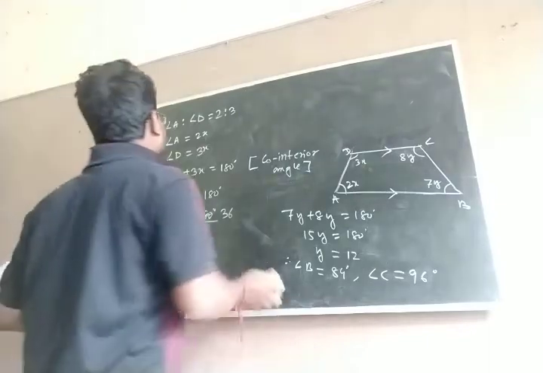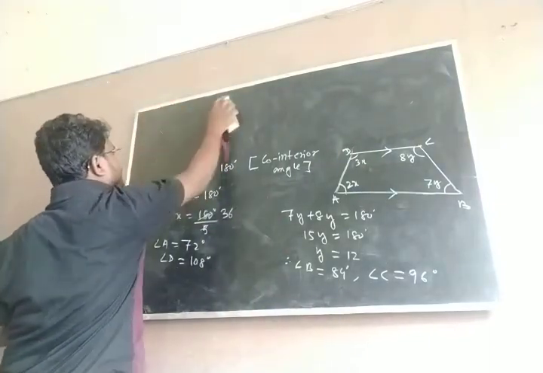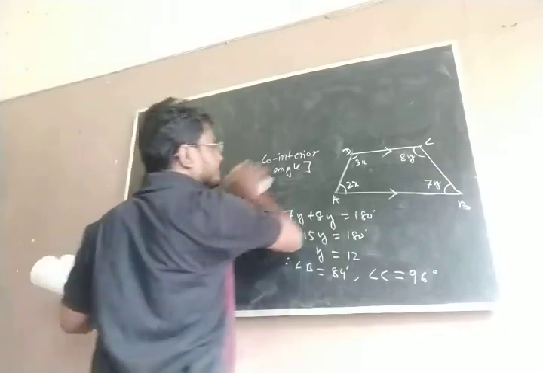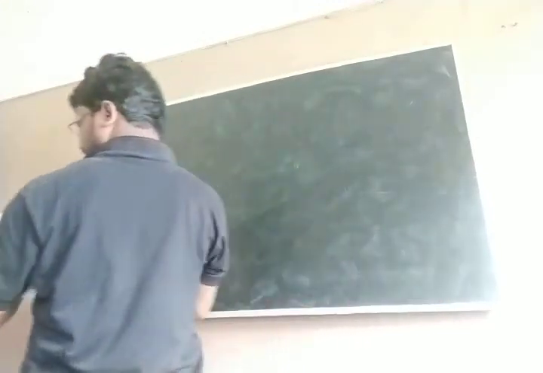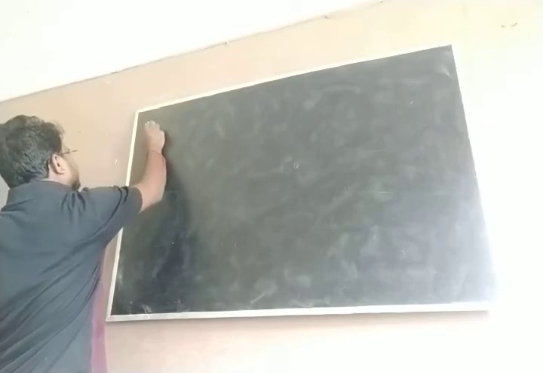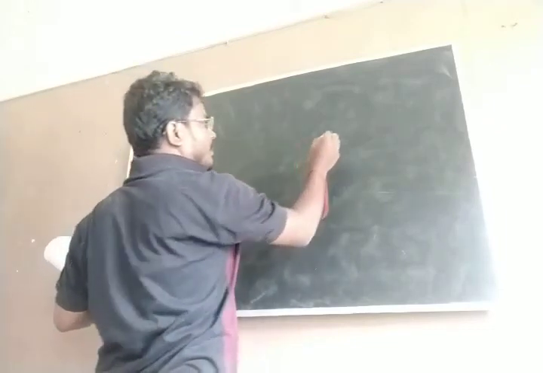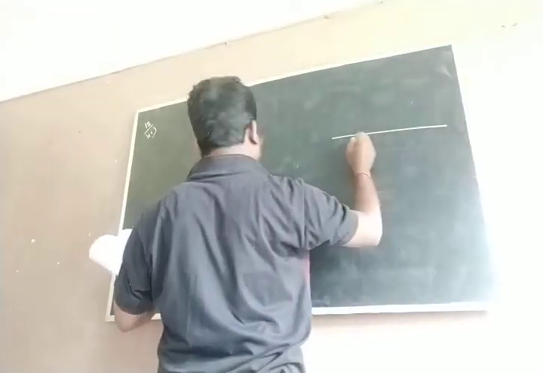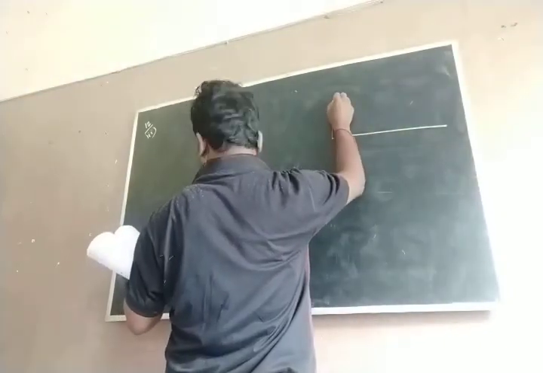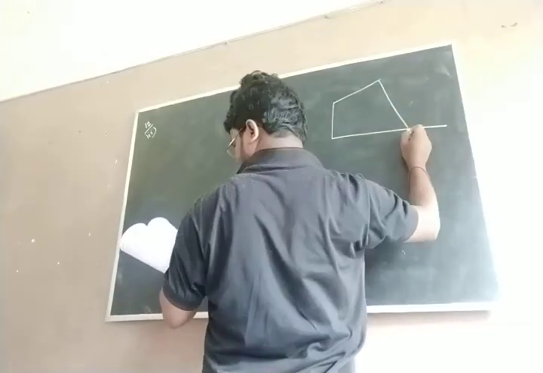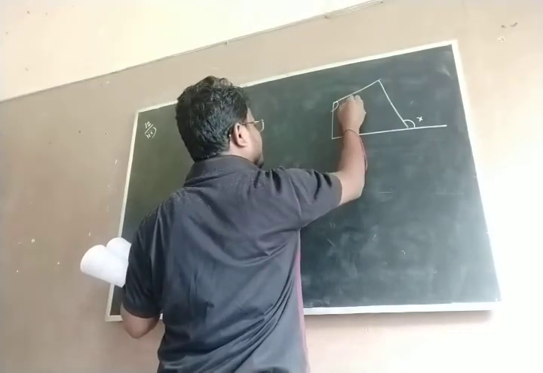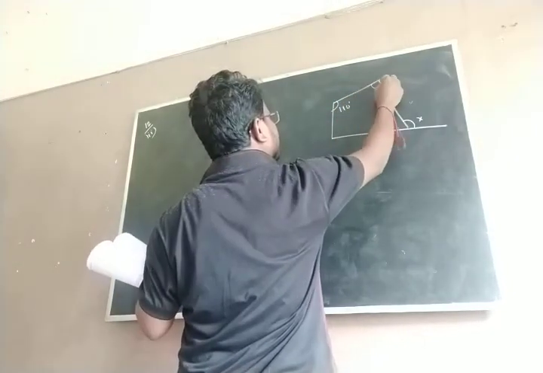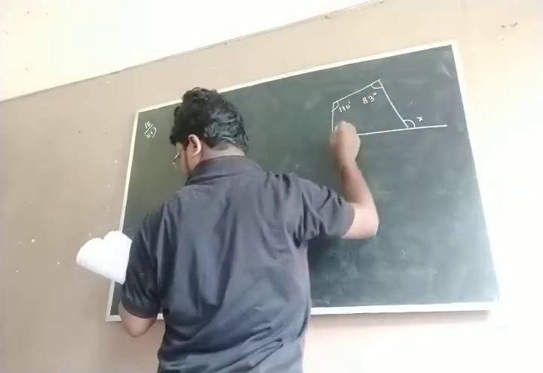Next, 12, 3. This is x, this is 110, this is 83 degrees, this is 90.